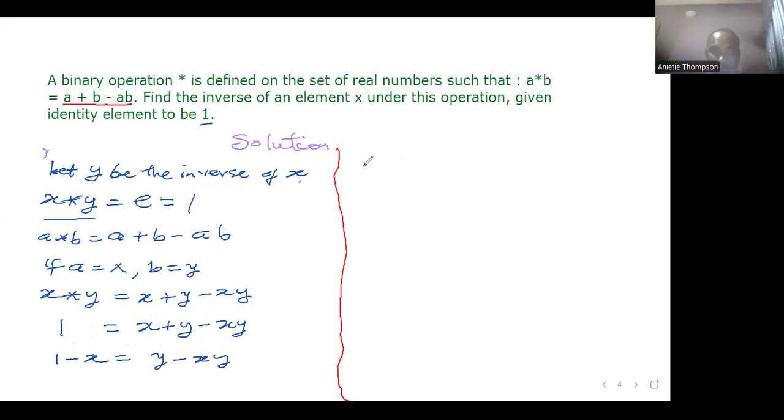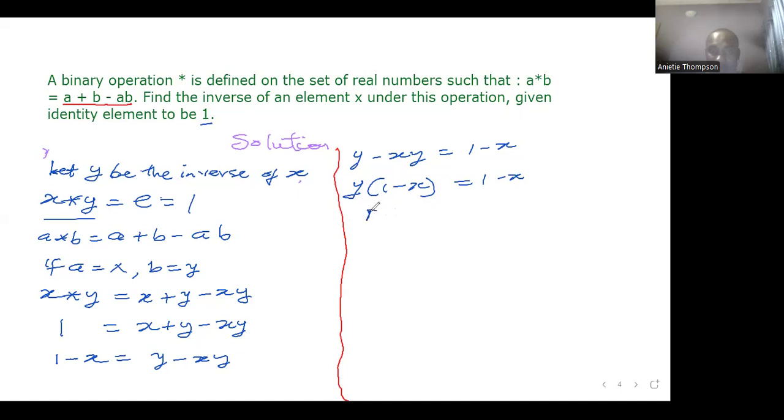And then you can also write it as y minus xy equals 1 minus x. If you look at it, y is common here, so let's factor it out. y into 1 minus x is equal to 1 minus x.